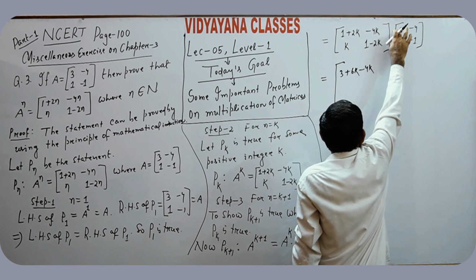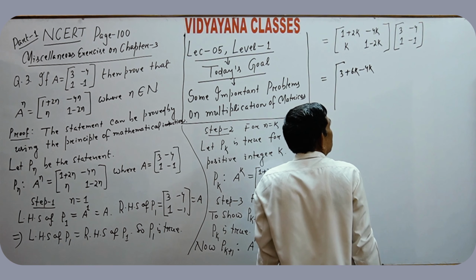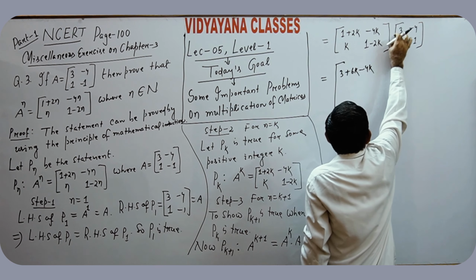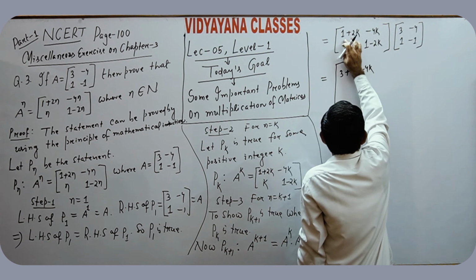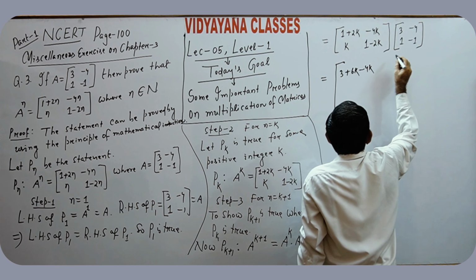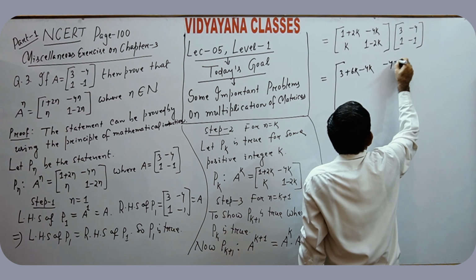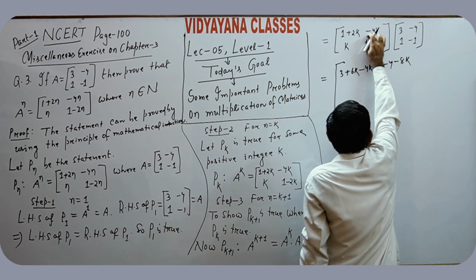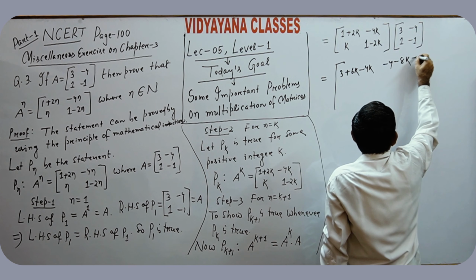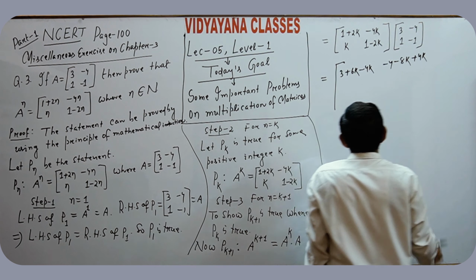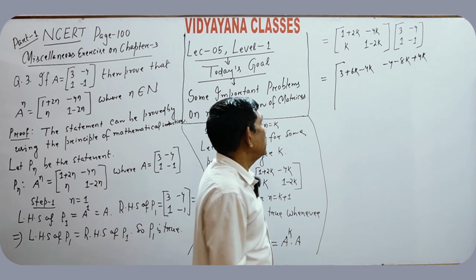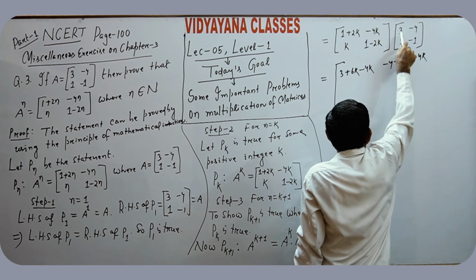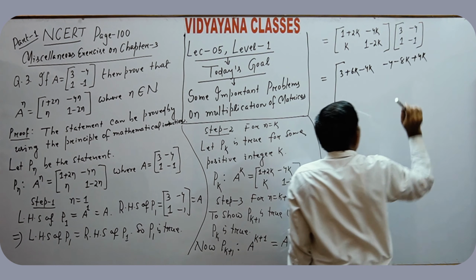Go through row 1, come down in column 2, multiply the corresponding elements: 1 plus 2k into minus 4, that is minus 4 minus 8k. Minus 4k into minus 1, that is equal to 4k. Clear?